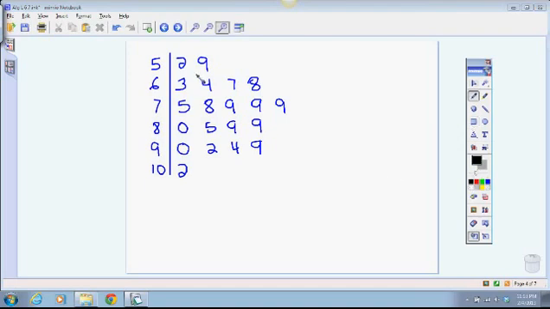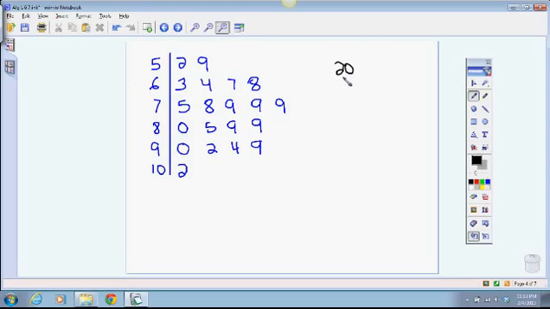So, looking at this, I have 1, 2, 3, 4, 5, 6, 7, 8, 9, 10, 11, 12, 13, 14, 15, 16, 17, 18, 19, 20. I have 20 numbers. So half of 20 is 10. 1, 2, 3, 4, 5, 6, 7, 8, 9, 10 is going to be right here.